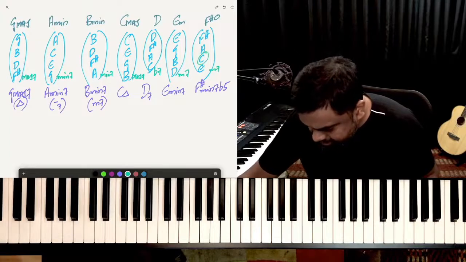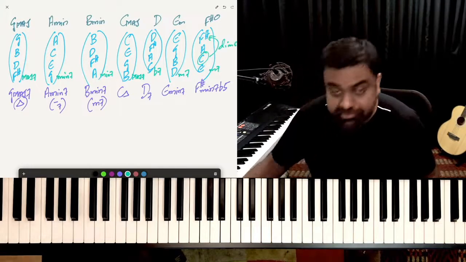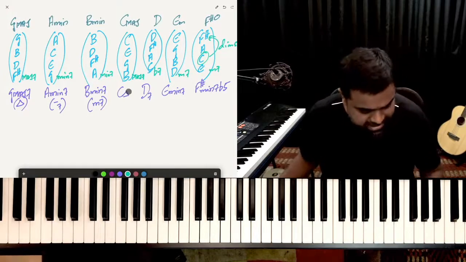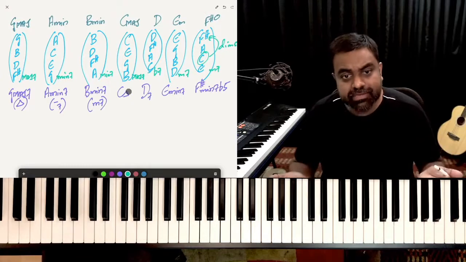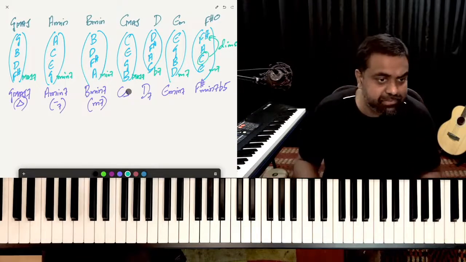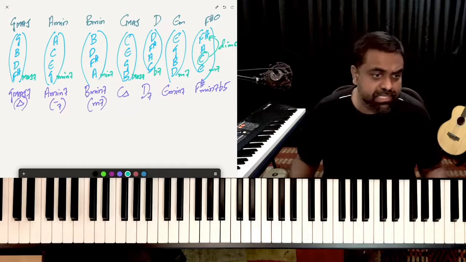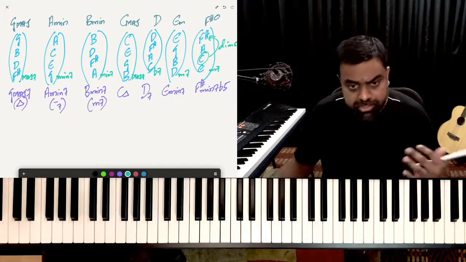But here, this one with respect to that is a tritone or a diminished fifth. So these are the intervals. So in a sense, the chords are named sort of after the intervals which they form. Okay, so we conveniently call these 7th chords. So what have we started with?